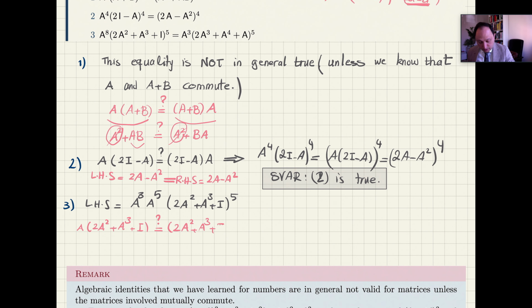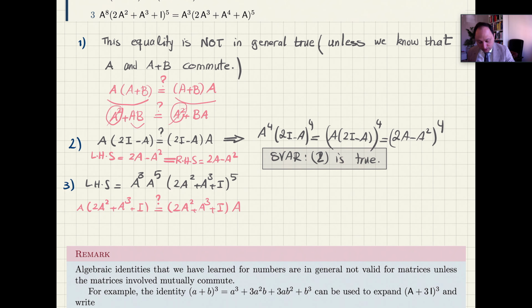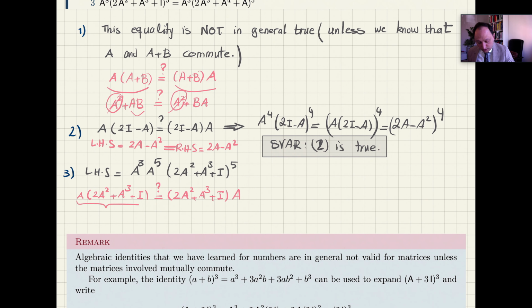But then I think you immediately realize that this is indeed true. If I ask you what is this one, you use distribution and you say that a to the 3 plus a to the 4, a times I, a on the left, I on the right, it becomes a. But then on the right hand side, I have to multiply from the right. But it doesn't matter, because here you multiply a by a squared, it becomes a cubed.